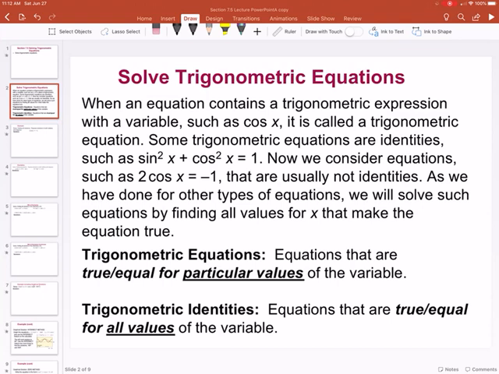So again, we're not talking about identities, where it doesn't matter what you plug in the variable, it's going to be equal. We're looking at equations in which certain values will satisfy the statement. So with solving these, we're going to be using a lot of algebraic properties, a lot of algebra review in helping us. And we might need to refer back to some of our identities on some of our problems.